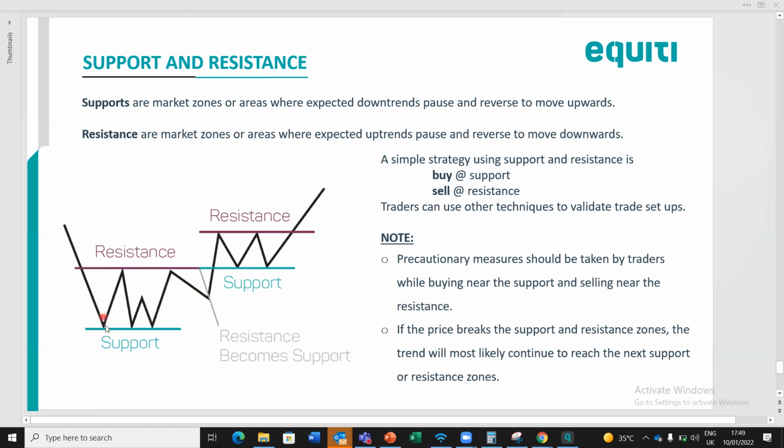Because if you buy at this support and then this price is able to break this support and continue to go down, it will go and test the next support, which is far below this support. It simply means that you're making a huge loss. Why? Because you bought at this level expecting that the prices will appreciate. That's why you bought. But now it is depreciating instead. So you make huge losses. So precautionary measures should be taken by traders while buying near support and selling near the resistance zones.